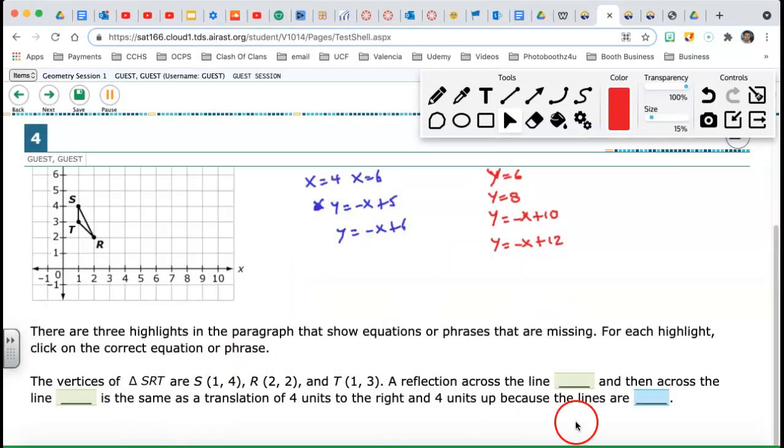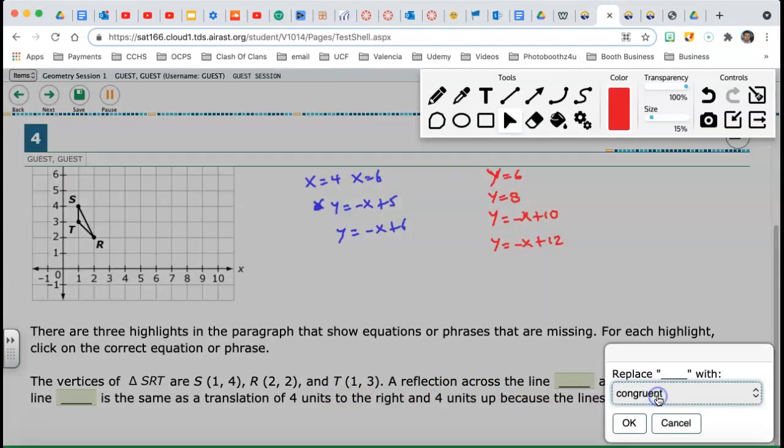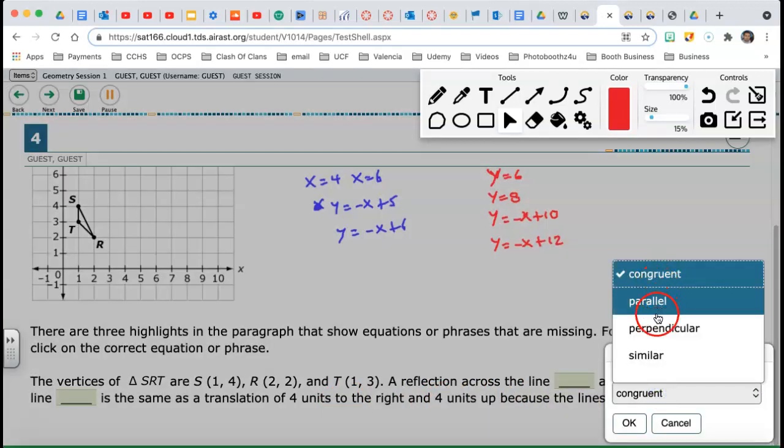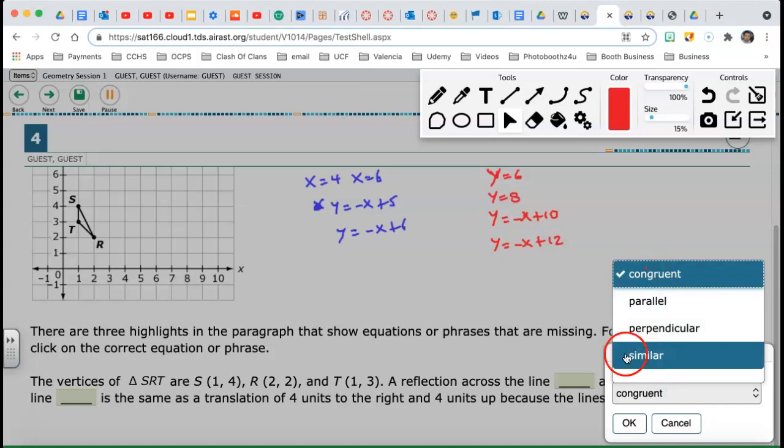So now, they have 3 blanks. The vertex of this is this, a reflection. So this is the first reflection, and then across the line, it's the same as the translation of 4 units to the right and 4 units up. My last thing is I had to say whether they're parallel, perpendicular, congruent, or similar.